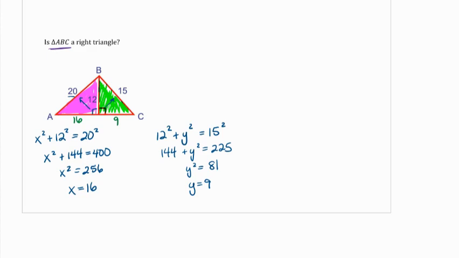Okay, so now I can look back at that triangle ABC. I'm going to draw it separately over here so we can see it better. I've got this side is 20, this side is 15, and now if I add the 16 and 9 together, that means this side is 25. So if I want to see if that's a right triangle, my potential hypotenuse is the 25.